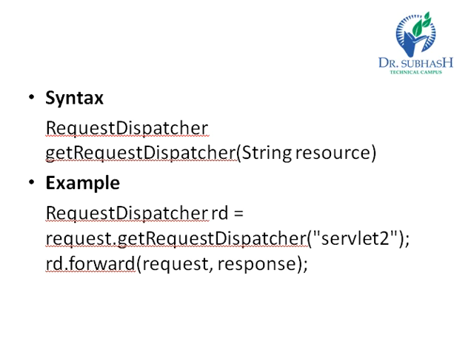For example, here we create a RequestDispatcher object rd, and to fetch that particular object or resource we use the request implicit object and call the getRequestDispatcher method. Here we pass Servlet2 as a parameter, and after that we use the forward method.